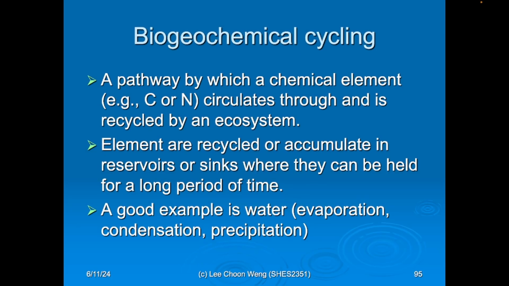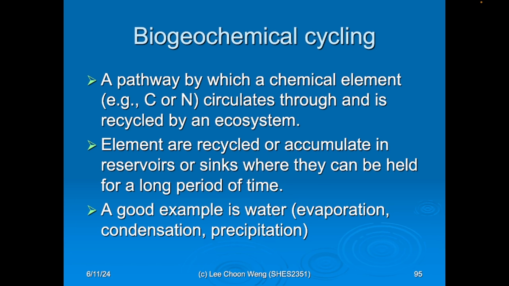The pathway by which a chemical element circulates through and is recycled by an ecosystem is known as biogeochemical cycling. So the terms to remember are: elements can be recycled, or they can accumulate in reservoirs or sinks.